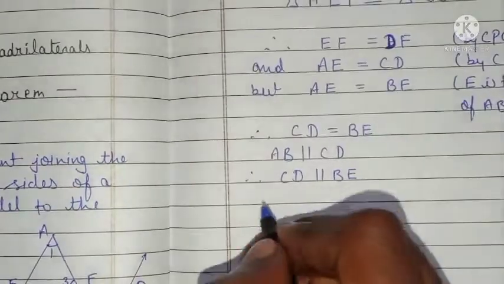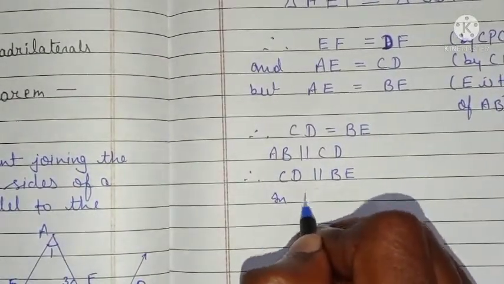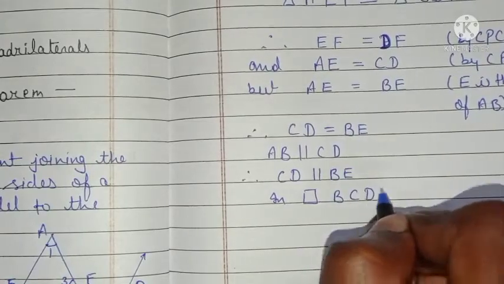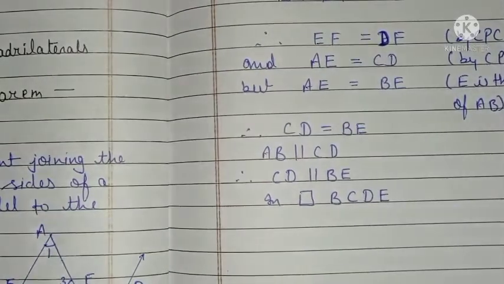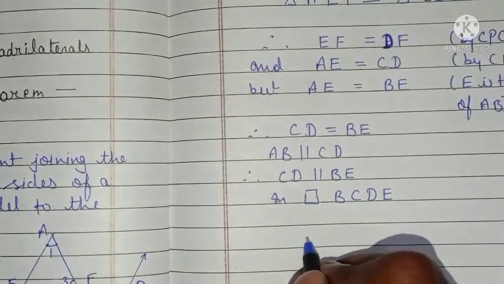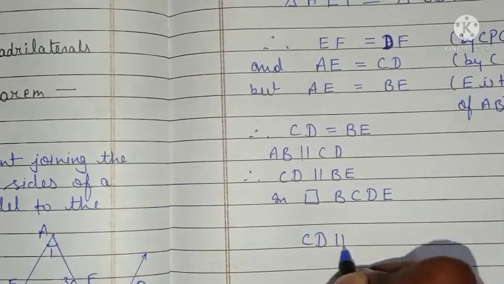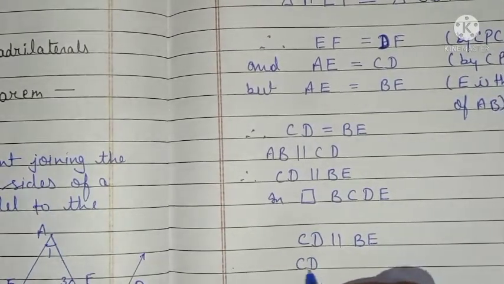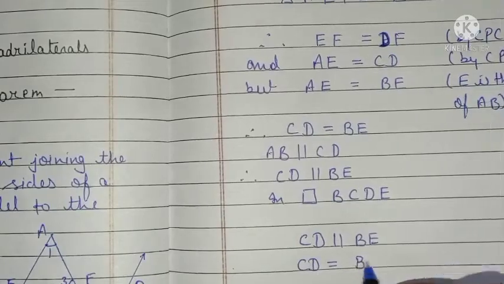In quadrilateral BCDE, side CD is parallel to BE and CD equals BE.